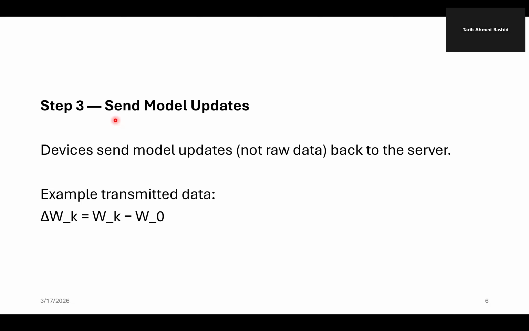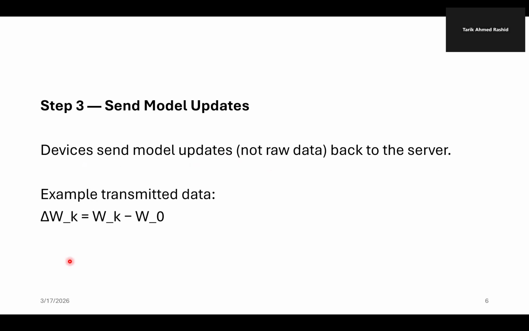Now, step 3, send model updates. Each device will send its update back to the server. Devices send model updates, not the raw data, the updates, not the data. The updates means the weight matrix and biases sent back to the server.